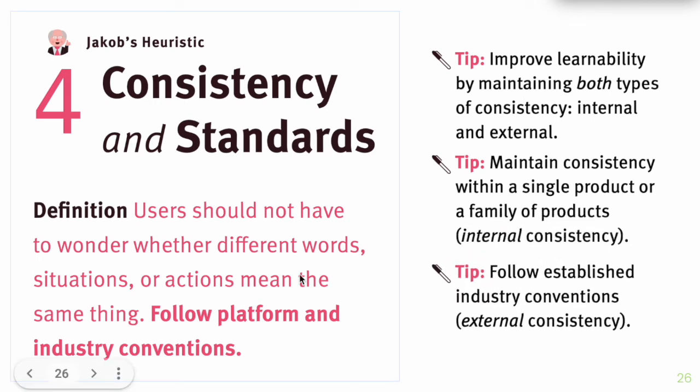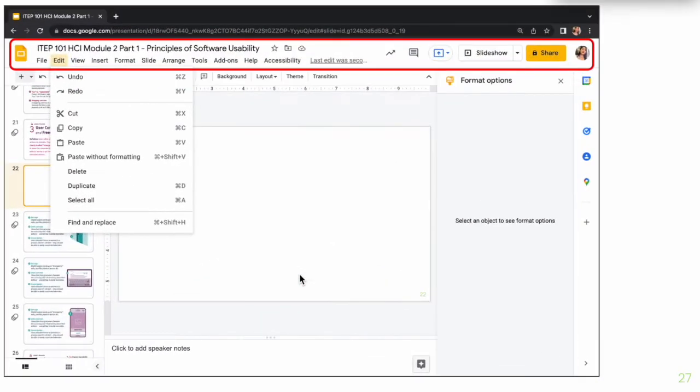So the next tip is to follow established industry conventions, or external consistency. Again, an example would be the Google documentation apps.